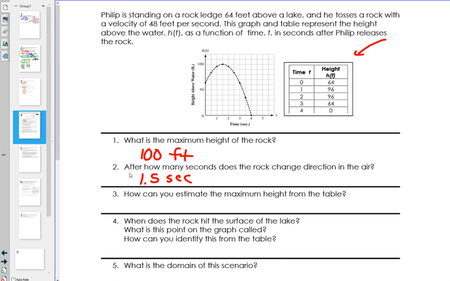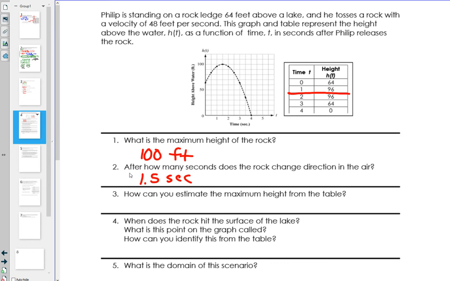It's a little bit of a tricky question because it depends on how accurate they want us to be. When you look at the table, you see how this is at 96 and then at 96 again, and the same thing with 64 and 64. So you could assume that it's going to reach its highest point somewhere in between there. What we could definitely estimate is the time it takes. We know it's going to take a second and a half.